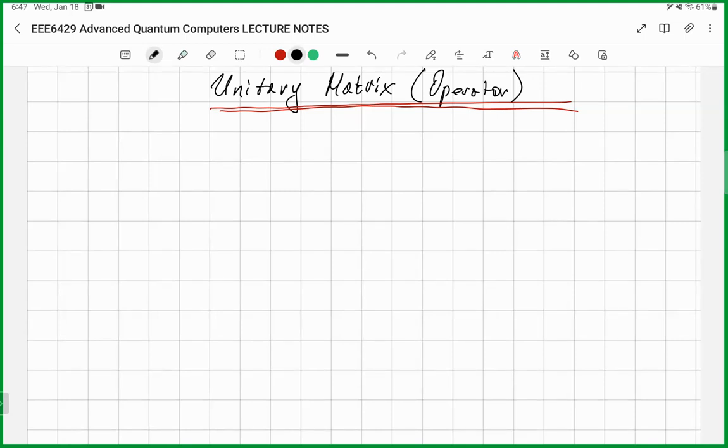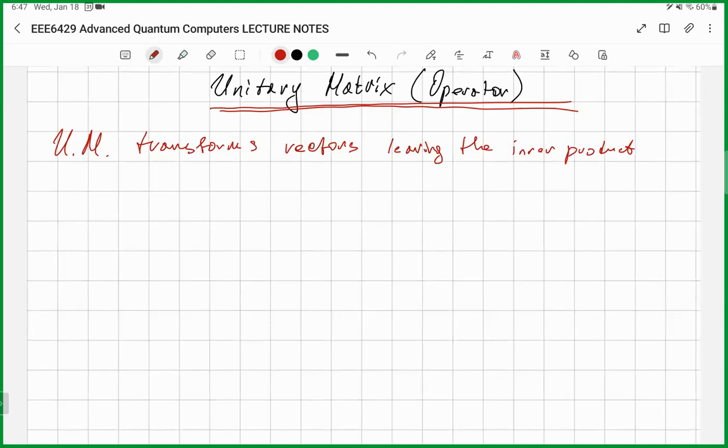It's also very specific, and why it's so important is that a unitary matrix transforms vectors leaving the scalar products, the inner products of the vectors, unchanged.